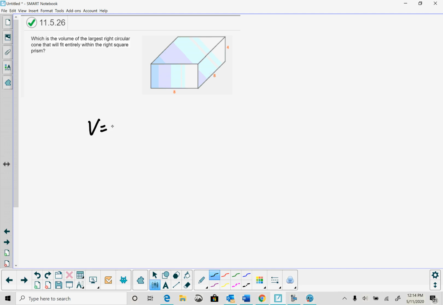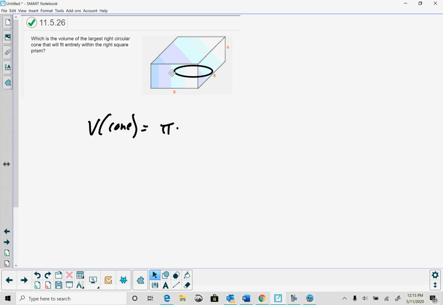So we're looking at volume of a cone, pi r squared. Now again, if we're putting the circular base here, stretching across this part, and again, it doesn't really matter, in my opinion here, where we put this. The width of the base is going to be equal to 8, which is the diameter of that circle. If the diameter of the circle is 8, then the radius has to be 4.